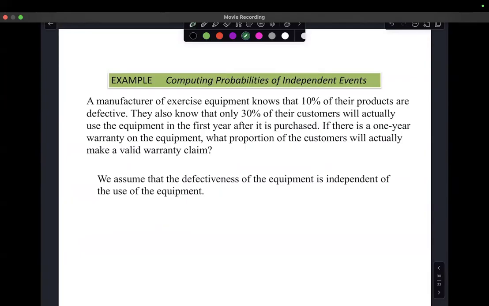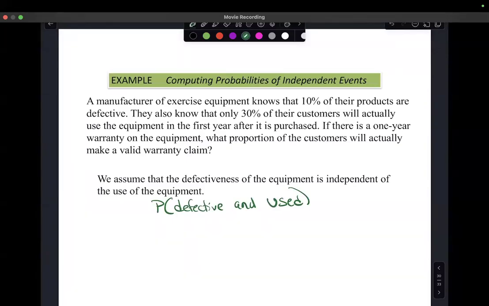So if there's a 1-year warranty on the equipment, they want to know what proportion of customers are actually going to make a valid warranty claim. So we need to know the probability it is defective and used. So what's the probability it is defective and it is used by the consumer?